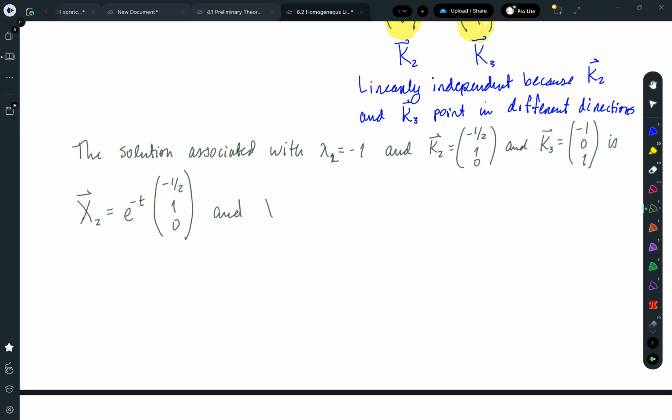The x3 solution is e to the minus t times the eigenvector negative 1, 0, 1.